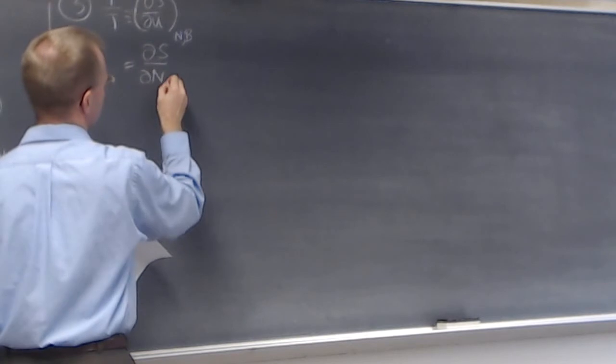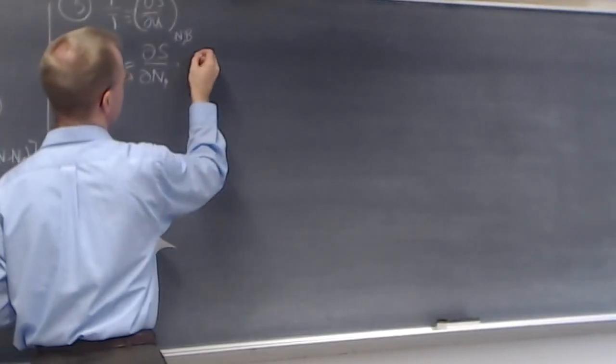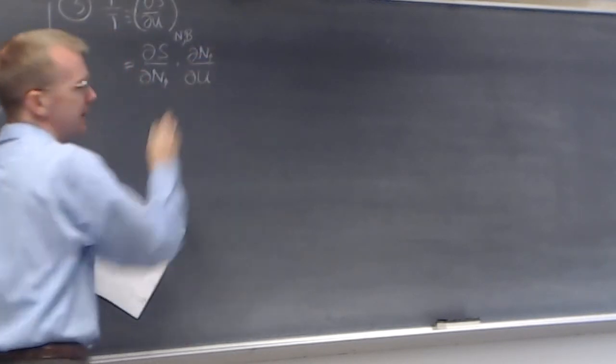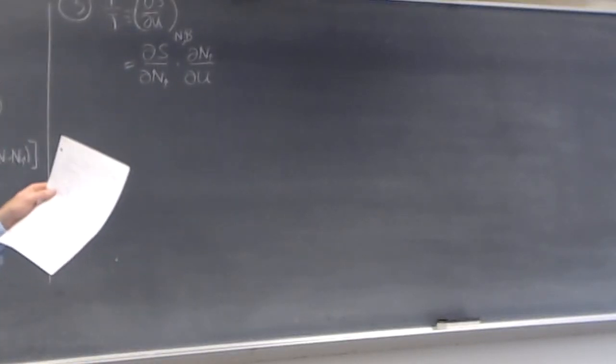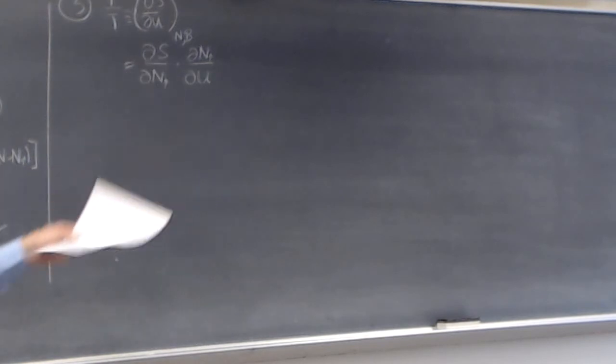So ds by du is the same as ds by dn up times dn up by du, holding the other variables constant.